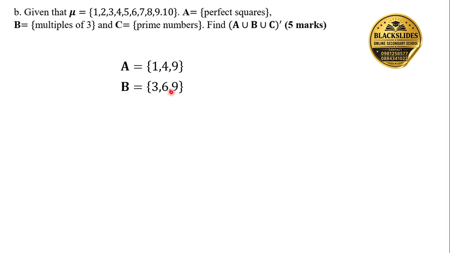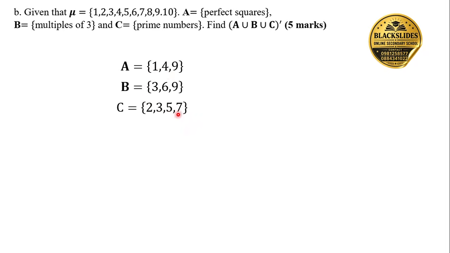In other words, for you to check if they are multiples of 3, just try to divide each one of them. You are going to find a number that is without a remainder. So 3 can go into each one of them without leaving a remainder. That's testing if these numbers are truly multiples of 3. 3, 6, and 9. So there are only 3 numbers here.